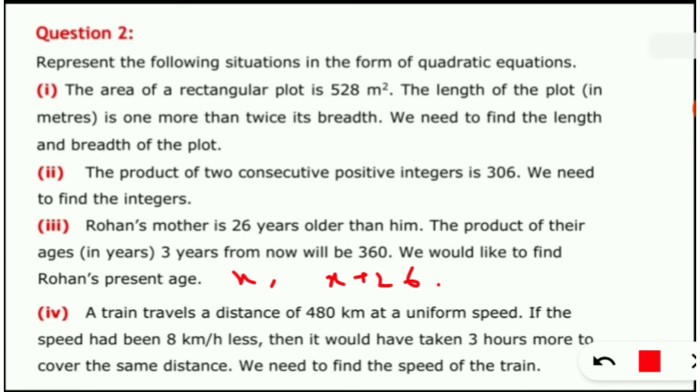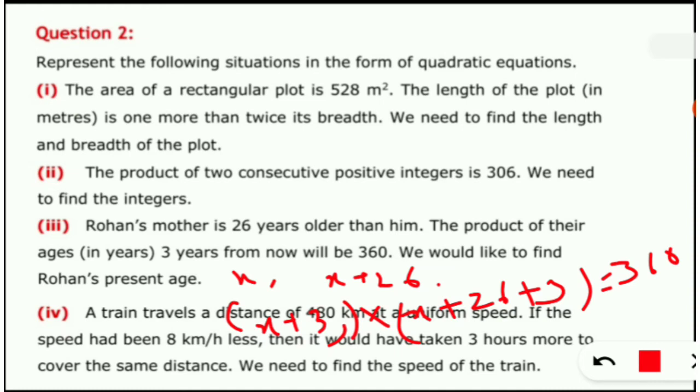After that, 3 years from now, Rohan's age will be x plus 3 and Rohan's mother's age is x plus 26 plus 3. And in the condition, the product of their ages, that means (x plus 3) into (x plus 26 plus 3), equals 360. Clear? So after simplification we will get the quadratic equation.